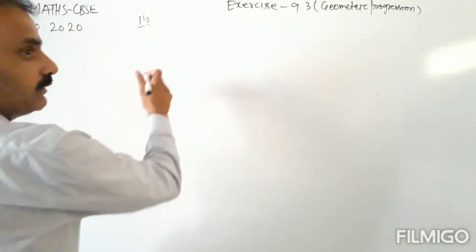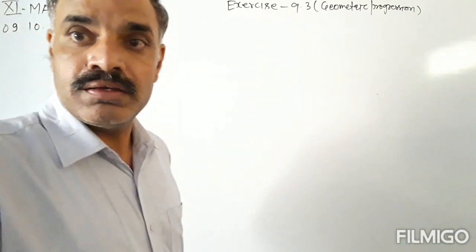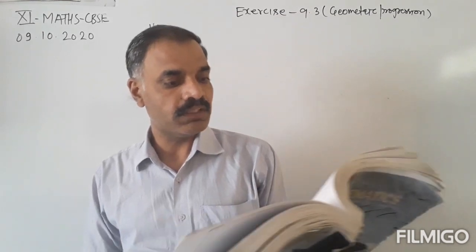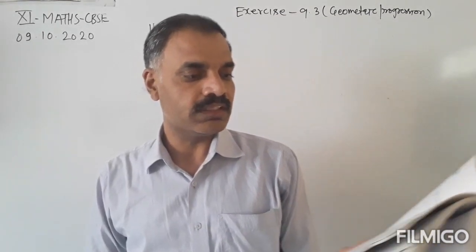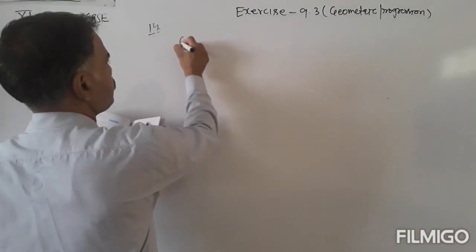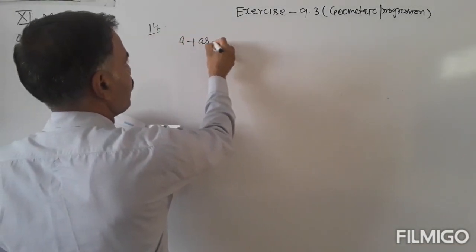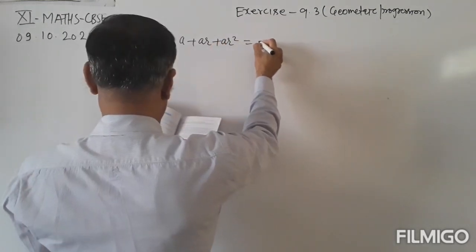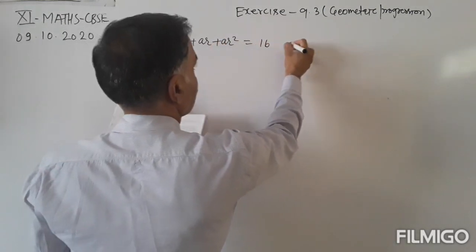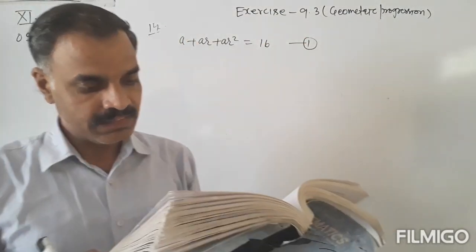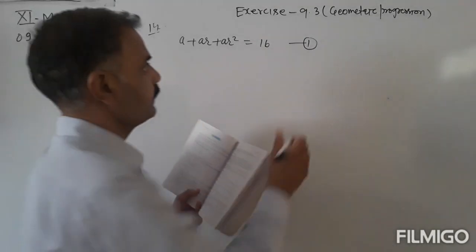So we have been given, question number 14, the sum of first three terms of a GP is 16. Sum of first three terms means a plus ar plus ar square is equal to 16, equation number first. And sum of the next three terms is 128.